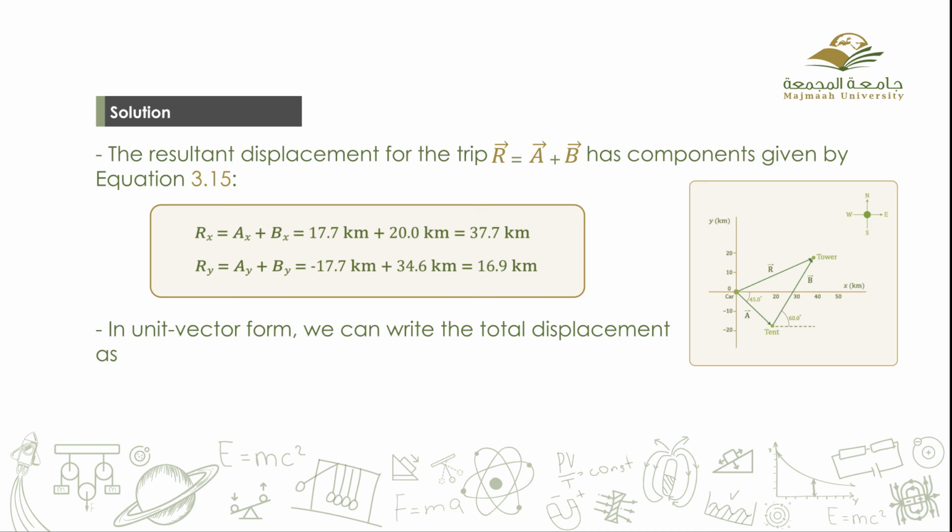We can write the total displacement R in the form of 37.7 in the direction of i plus 16.9 in the direction of j, all in units of kilometers.